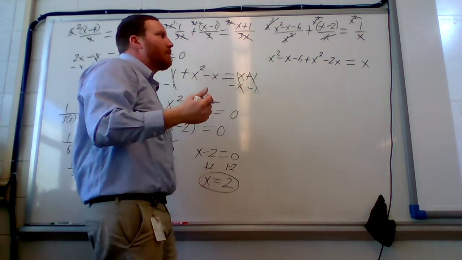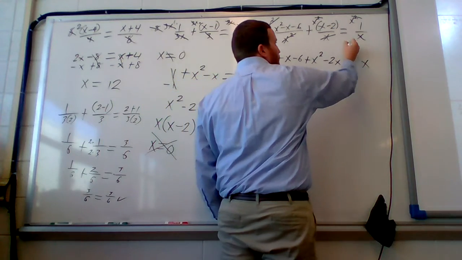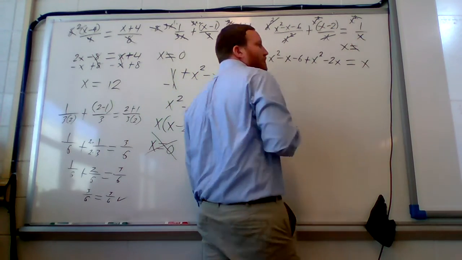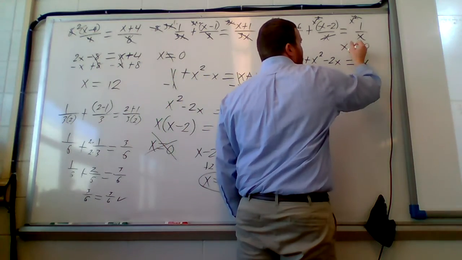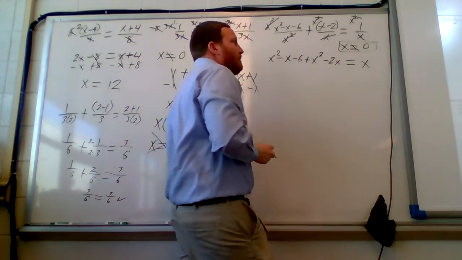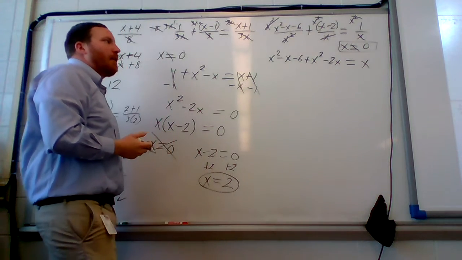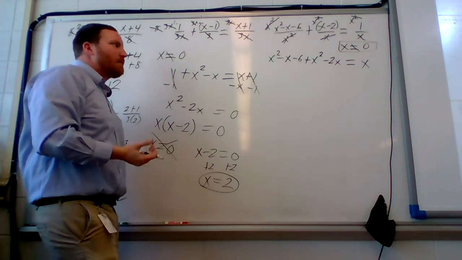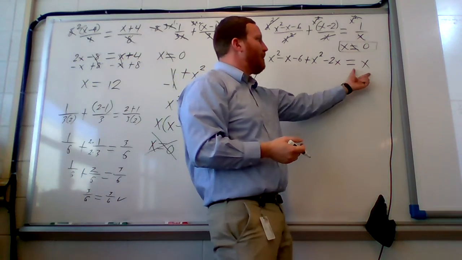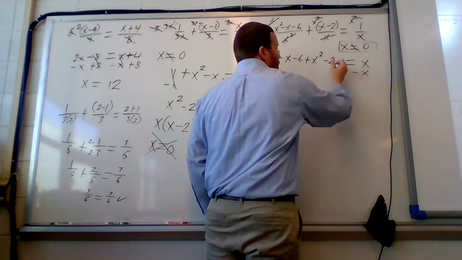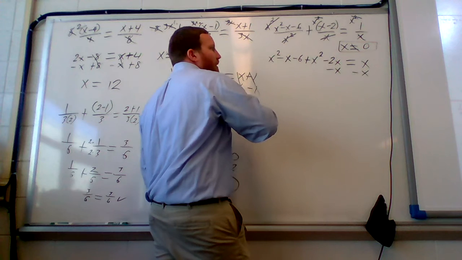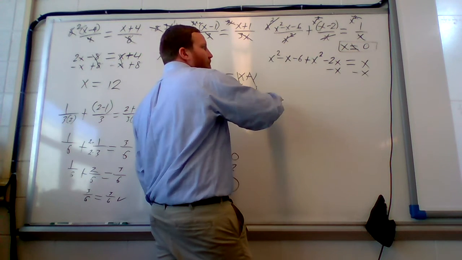Got to do something. What was our excluded value? What can x not equal before we get some 0? Something to remember. So we got to solve for x. We got a bunch of x's. We need to move it all to one side of the equation. So I'm going to subtract x over, and then combine our like terms.